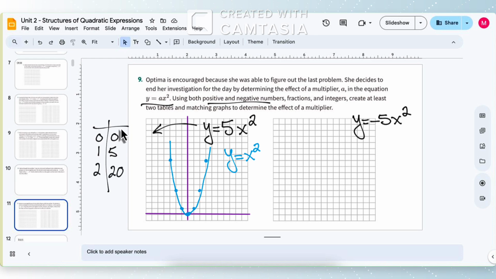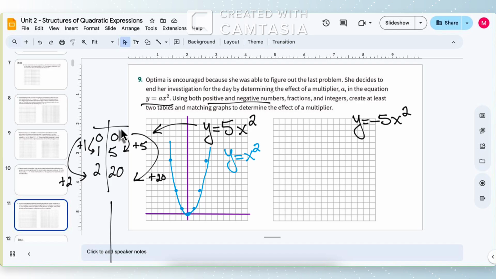So here is where we're seeing our shifts, where instead of going over 1 up 1, we're going to go over 1 up 5. Instead of going over 2 up 4, I'm going to go over 2 up 20.